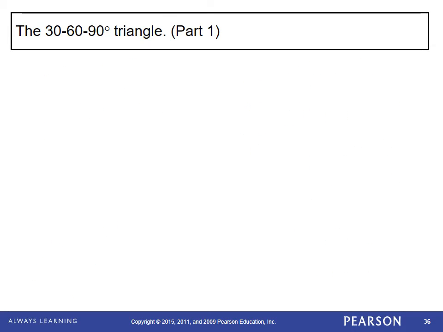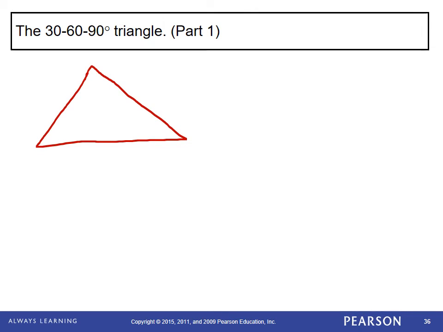All right, then we come to the other one here, the 30, 60, 90 triangle. And again, it's part 1. This is the one that's going to include fractions in it, and again, it'll be helpful later on. Then we have a part 2 on our hands as well. All right, where does this come from? This comes from geometry again, and this comes from the fact of thinking about an equilateral triangle.